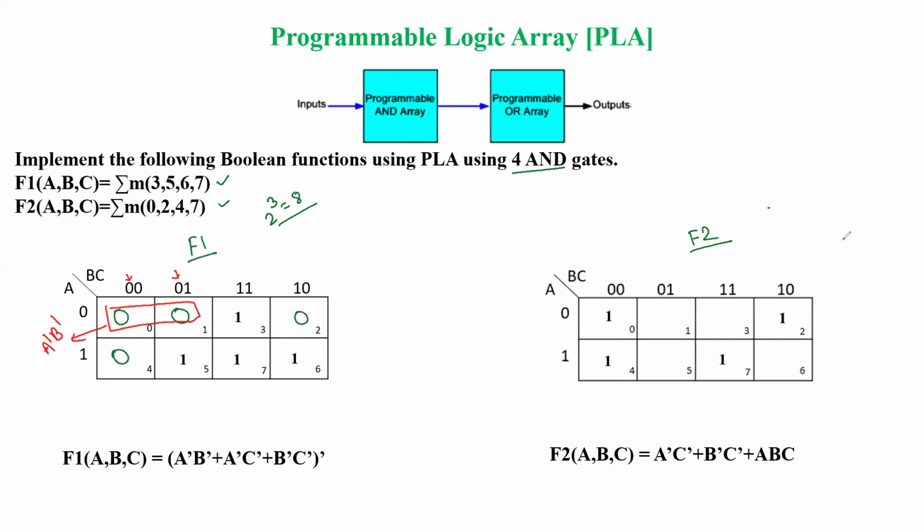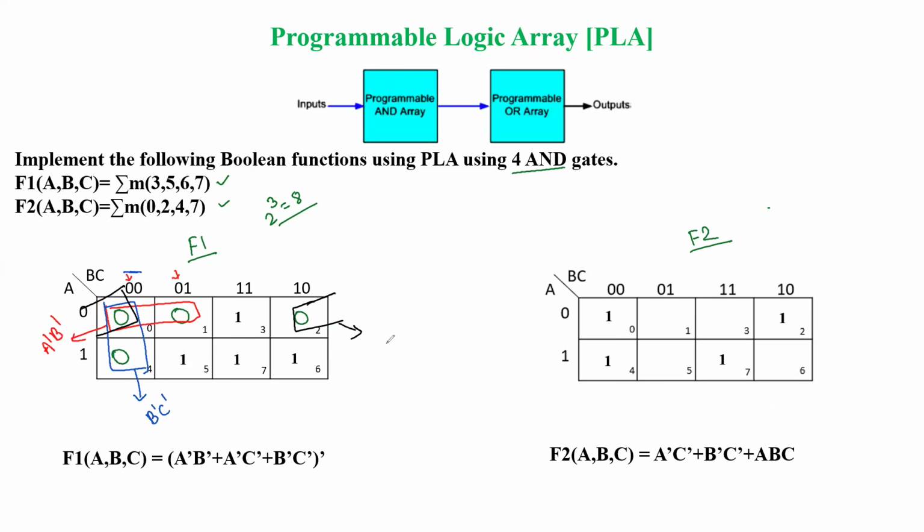Now another combination, again one more pair there itself. If we take the min terms 0 and 4, we get one more pair. Row wise we don't have a common, we have the common column wise, that is B dash, C dash. The third possibility is one more combination, when we include the min terms 2 and 0.